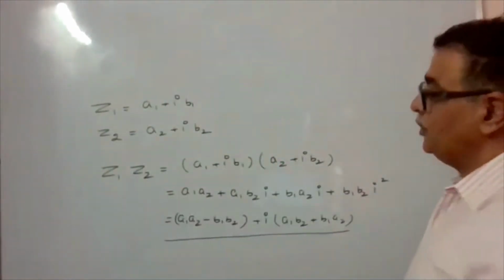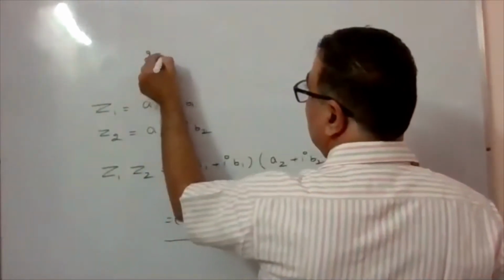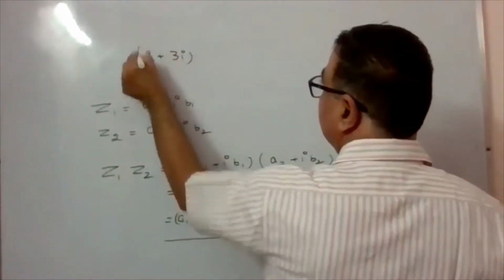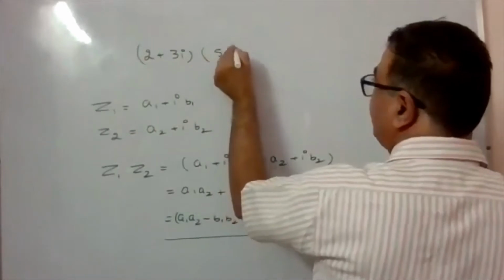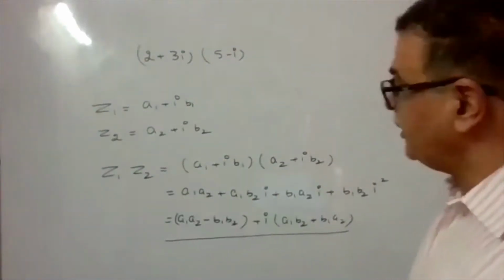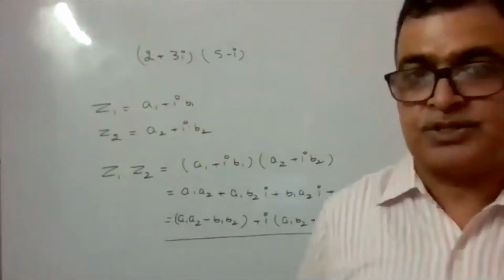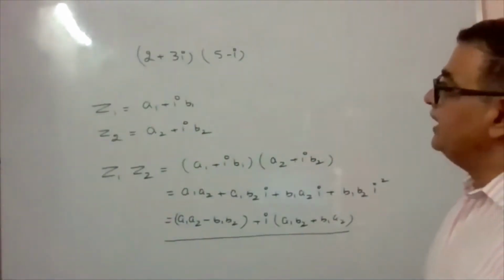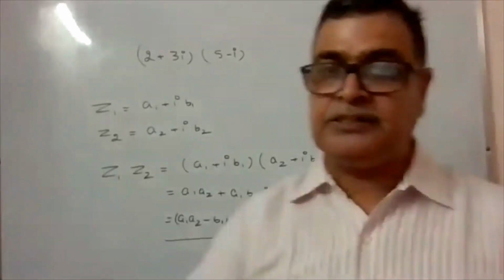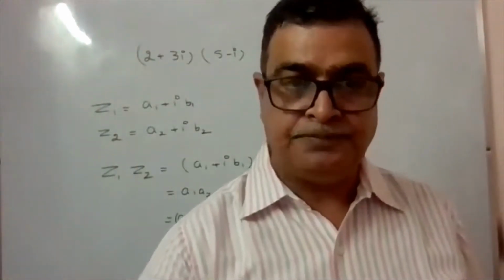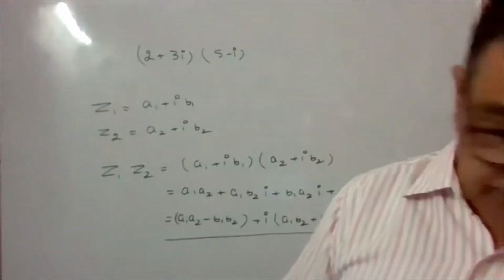One question, write it down first. 2 plus 3 iota multiplied with 5 minus iota. This is my question. I want the multiplication of these two complex numbers. We have to multiply these two.